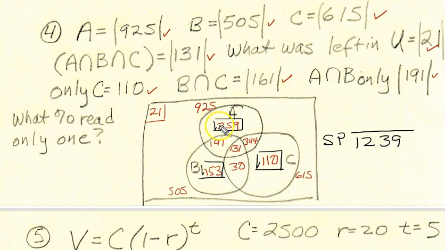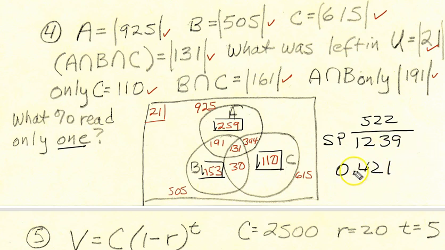And when we add up what we have in the box here that only read one of the books, we end up with 522. And when we do the percent of that, it comes out to 0.421. And we're to round it to the nearest tenth.